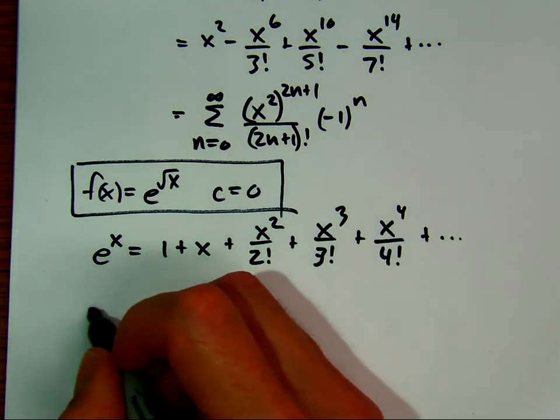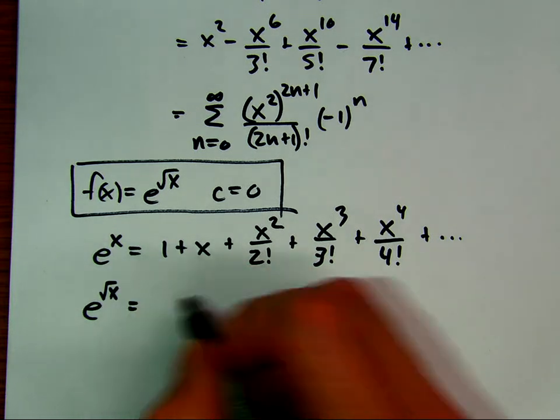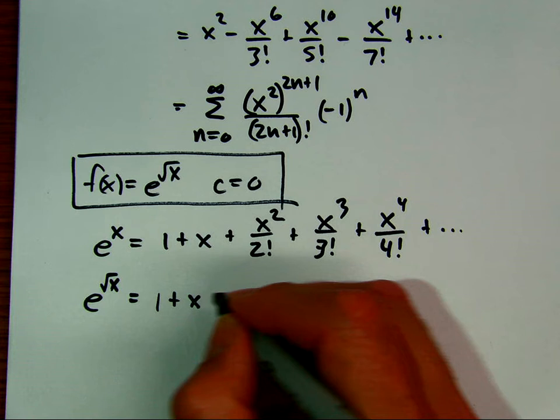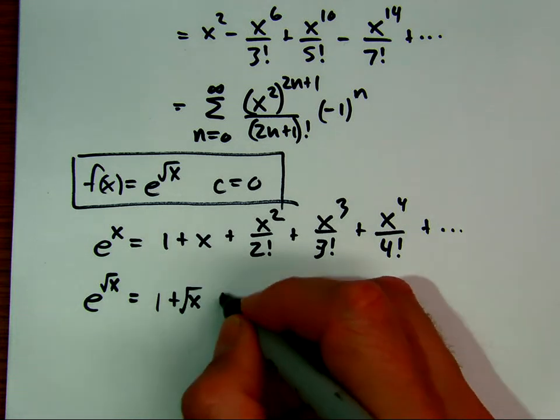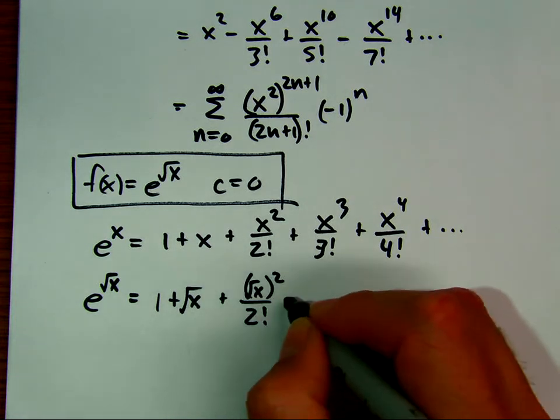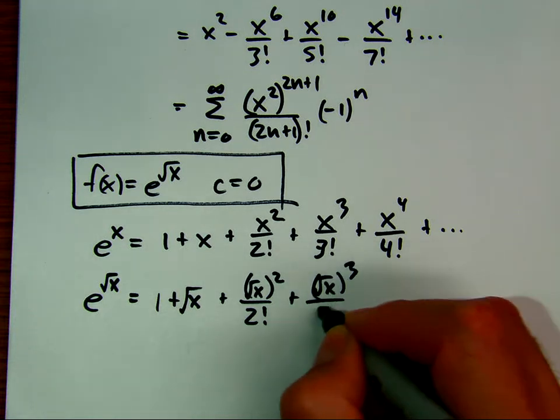So that means e to the radical x is 1 plus radical x squared, radical x cubed.